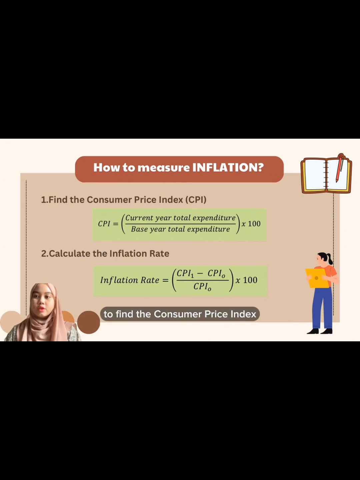So, to find the Consumer Price Index, we need to divide the current year total expenditure by the base year total expenditure and then times 100. To measure the inflation rate, CPI current year minus CPI base year, then divide by CPI base year, then times 100. Your answer must be in percentage because we want to calculate the rate.